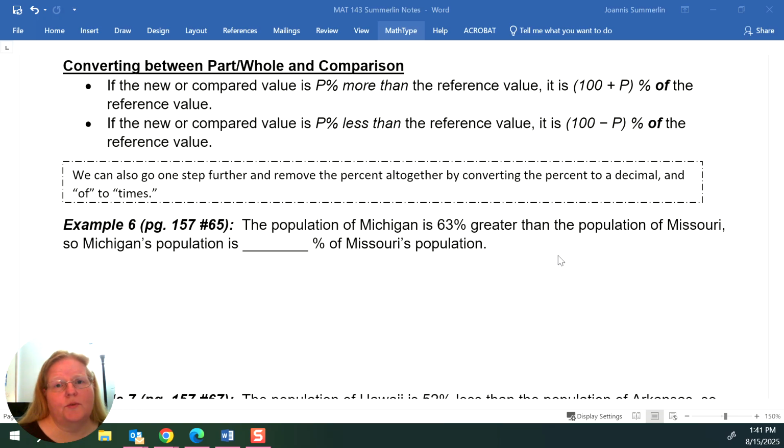So it used to be that if you were going to buy a shirt with a 25% discount, instead of figuring out what 25% of that item is and subtracting it from 100% of the cost to figure out what you're paying, now we're going to just figure out what 75% of the original cost is.